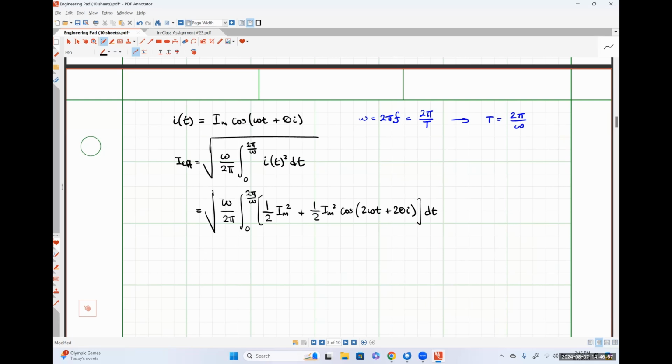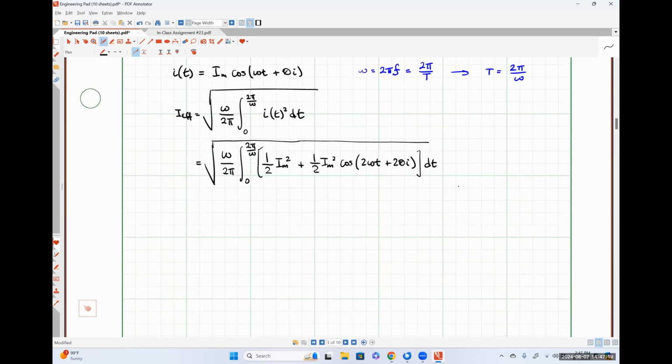I did that using the exact same trig identity I used at the beginning of class on Monday. Not expecting you guys to remember it or anything like that, but I'm just explaining that's how I got this result. So we could split this up into two integrals, kind of like we did yesterday talking about our formal definition for average power, where we would have omega over 2 pi times the integral from 0 to 2 pi over omega of 1/2 I_m squared dt.